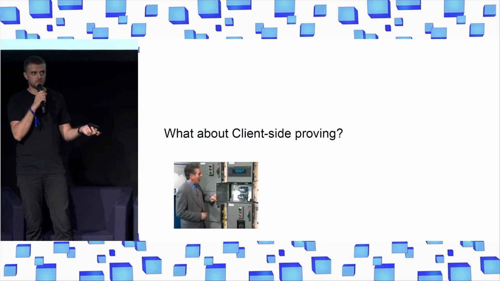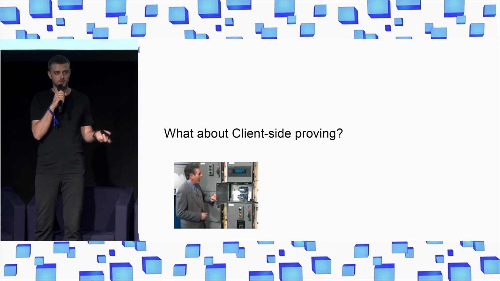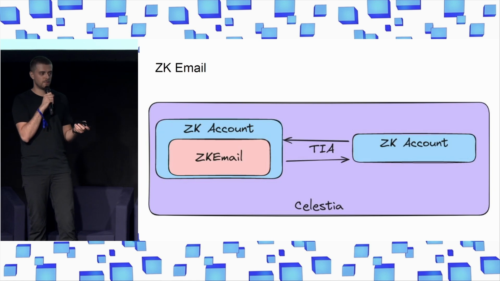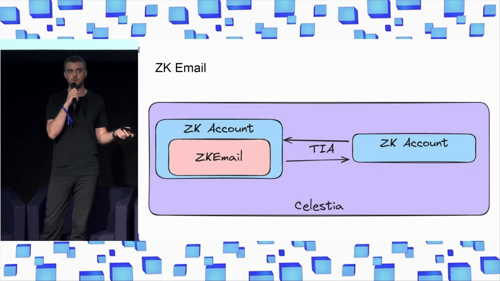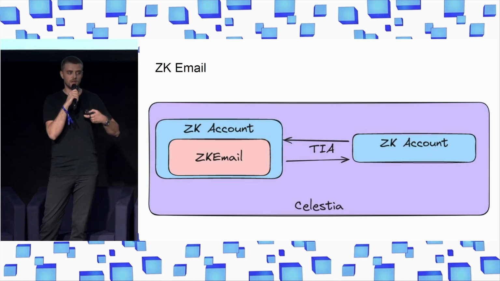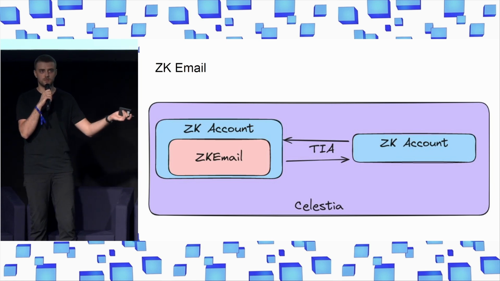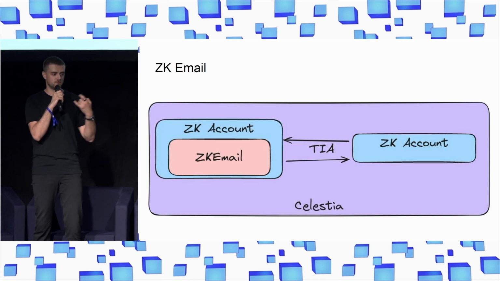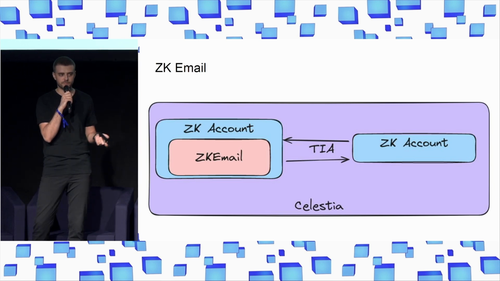And one interesting thing, from the talk before: what if, let's say at ZKmail, I have some private data, and only when I got the email, I can actually send it to another account, right?